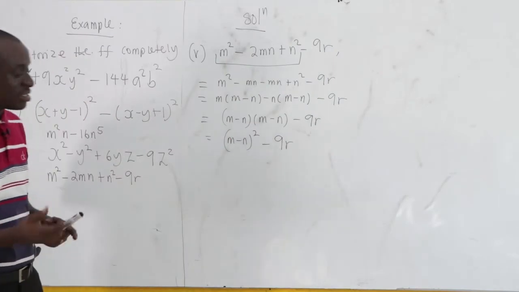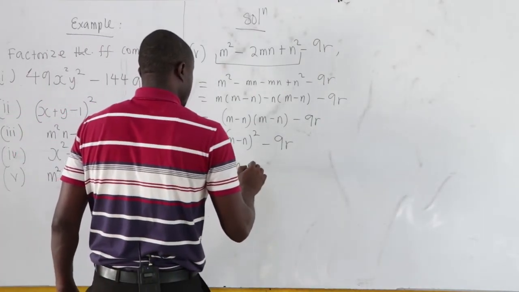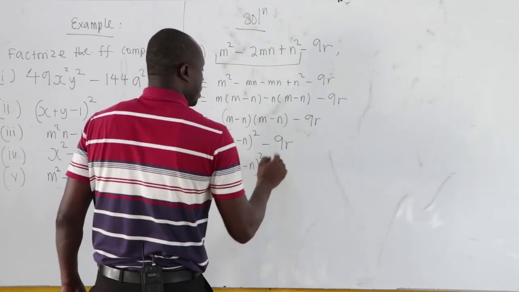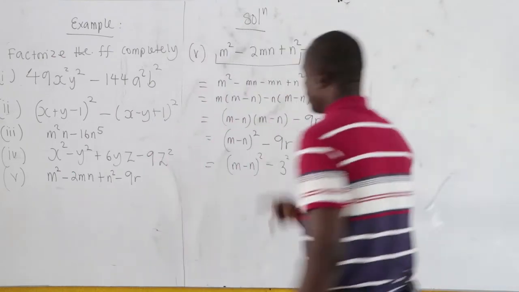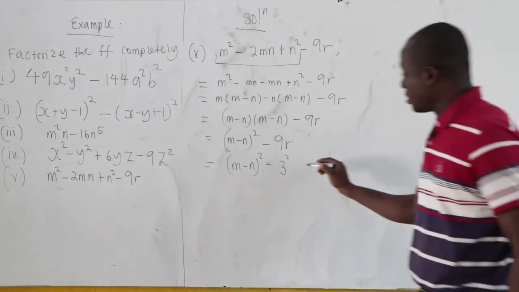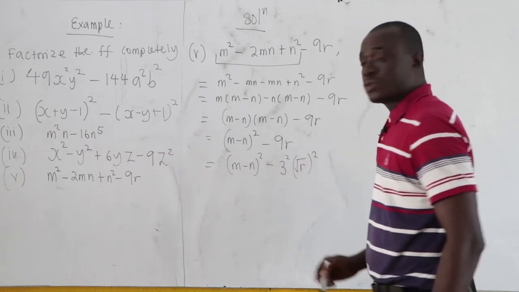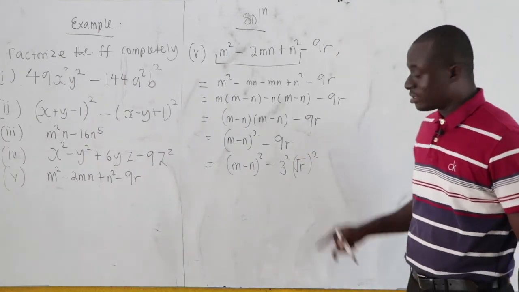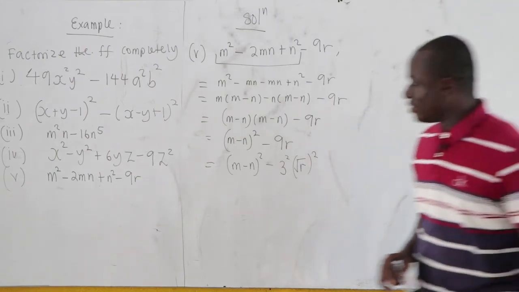And we can change this into a difference of two squares. Now, look at something. We can express this as m minus n all squared, and we can change 9 as 3 squared. Now, how can we change r as a square? If we have square root of r all squared, the square can cancel the square root, and then we have r over there.